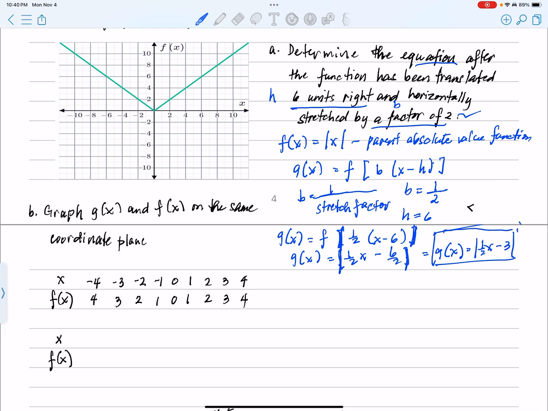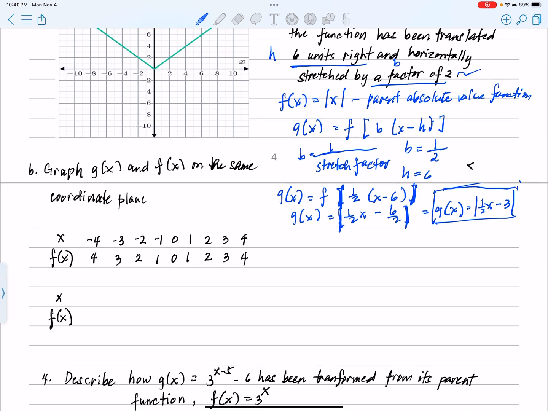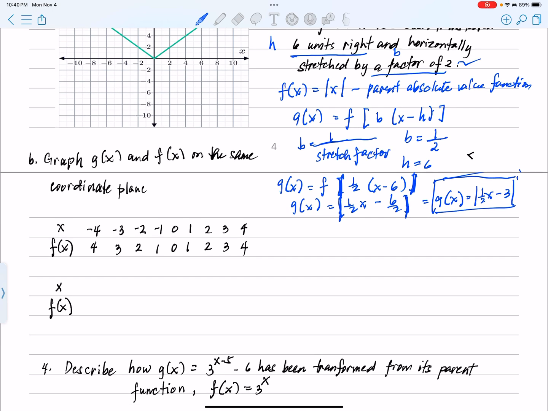Okay. So after simplifying the equation, the transformations that we applied on the graph are no longer easy to identify. If one is not careful, it might seem that this function was only translated 3 units to the right. However, that is not the case.